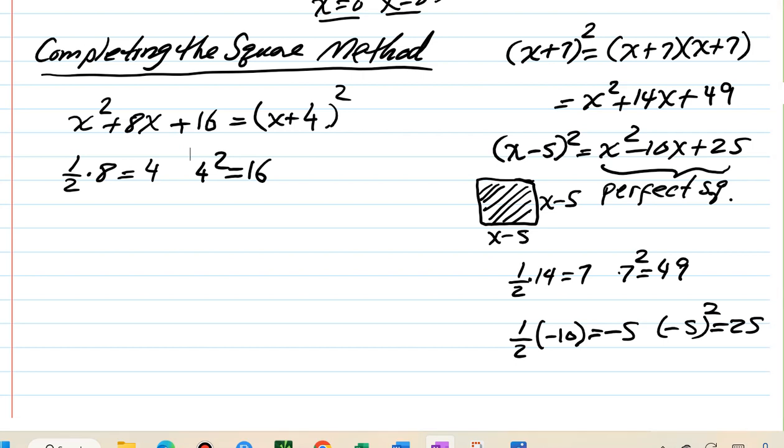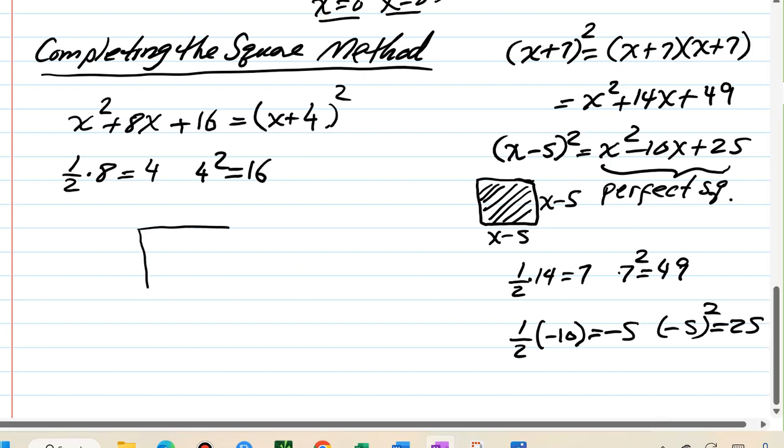Now, there is another justification for the name completing the square method. Let's look at the geometrical interpretation of this. Let's say I have a geometrical shape here.